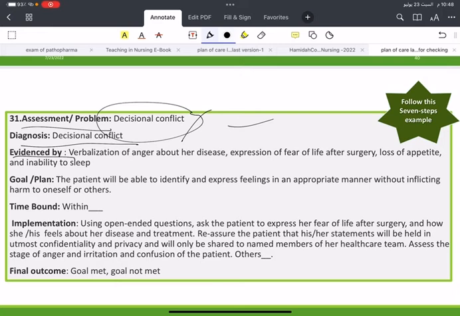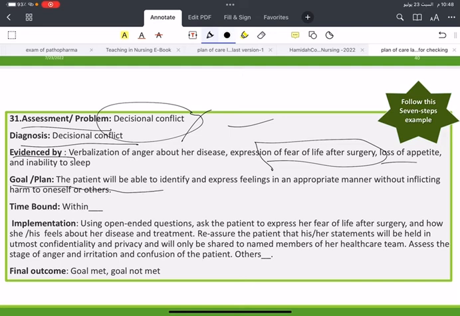If the patient is verbalizing anger, and he cannot tolerate, and he's afraid, maybe of the surgery or something like that, or afraid of the dye or the complication. So you just write what evidence you can see in this decisional conflict, or the patient is worried, he doesn't want to go for OR. And then he's in conflict with his family and with his doctor.